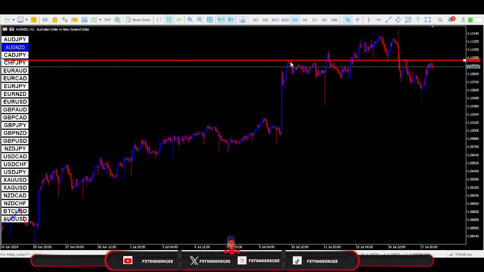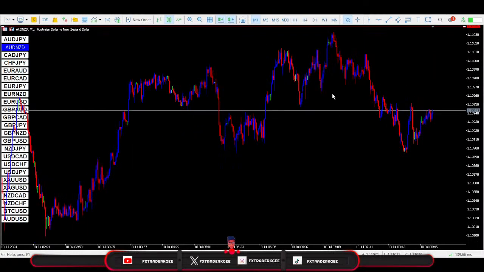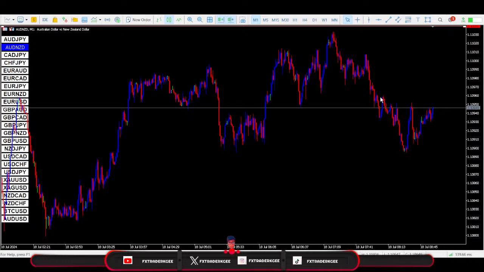Now you look at this level here, it's the same. Look at how many times the price tested this resistance level before it broke and came back down. The same thing has happened here and it's happening here. So I was just like, okay, this could be a very important level to look at with the Australian dollar versus the New Zealand dollar.